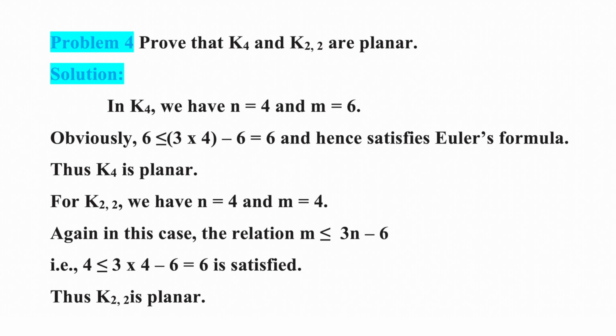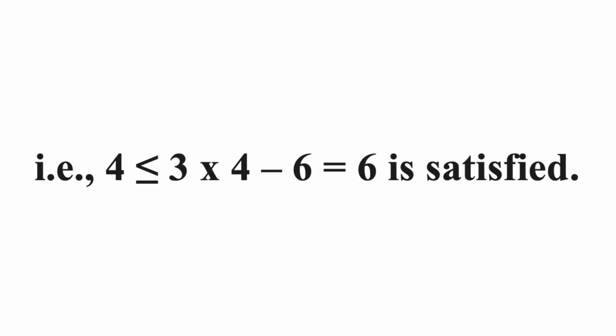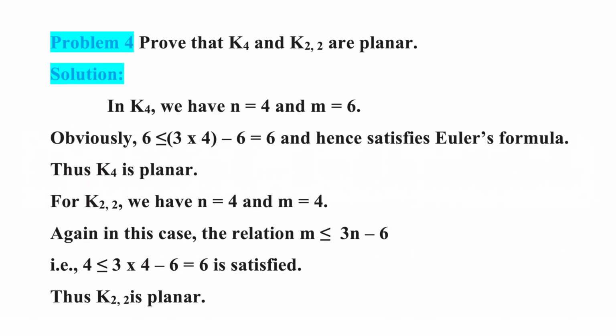For K2,2 we have n equals 4 and m equals 4. Again, in this case, the relation m less than or equal to 3n - 6, that is 4 is less than or equal to 3 into 4 - 6, which equals 6, is satisfied. Hence, K2,2 is planar.